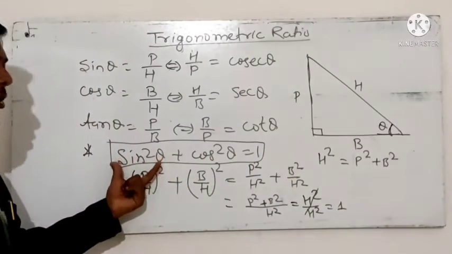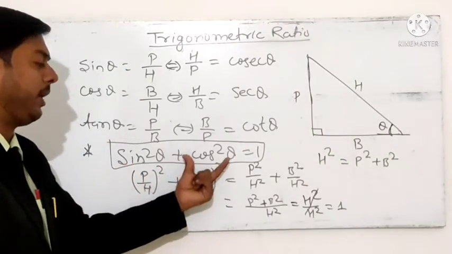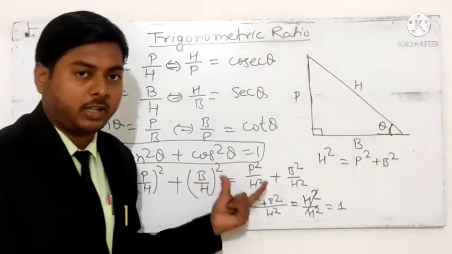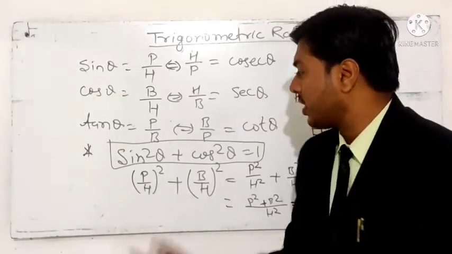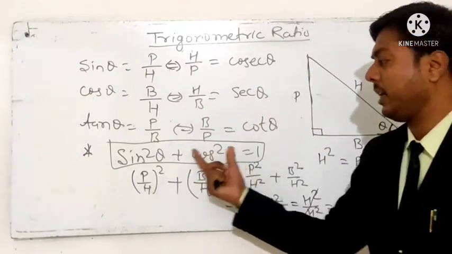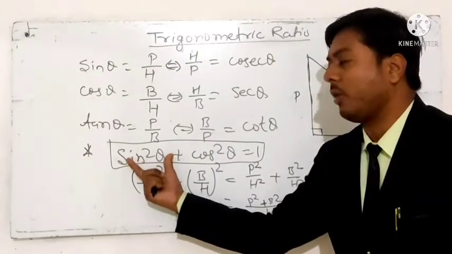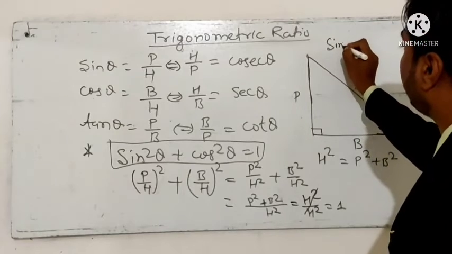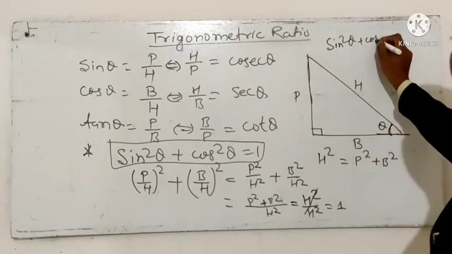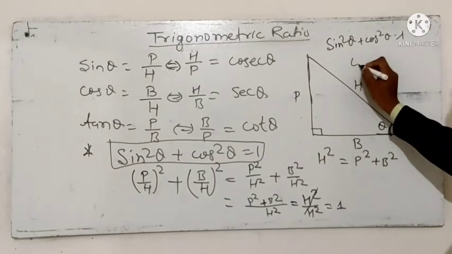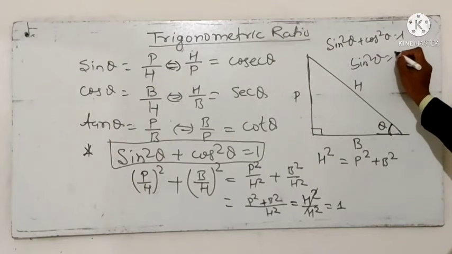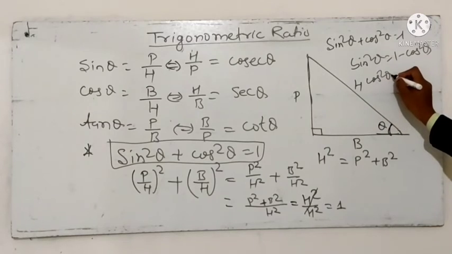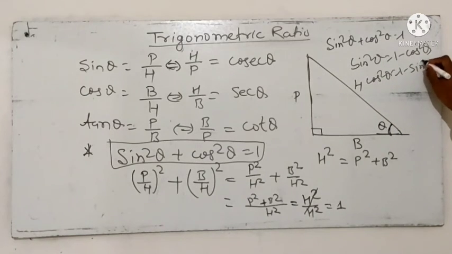That means if the value of sin square theta is given, then you can find the value of cos square theta, and when the value of cos square theta is given, we can find the value of sin square theta with the help of that concept. Sin square theta plus cos square theta is equal to 1, then sin square theta is equal to 1 minus cos square theta, and also cos square theta is equal to 1 minus sin square theta.